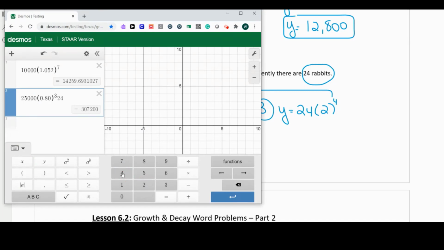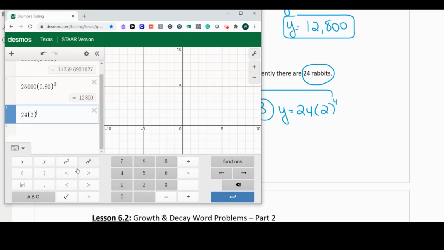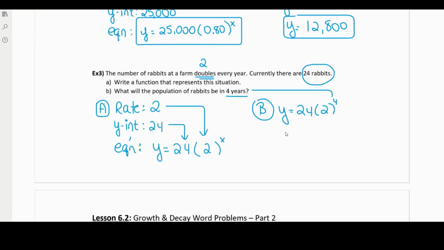So 24, open parenthesis, 2, close parenthesis, raised to the 4th power. And press, and we have the answer to be 384. There we go.